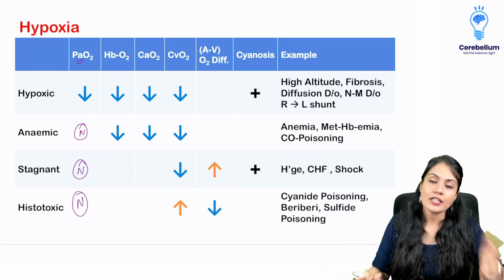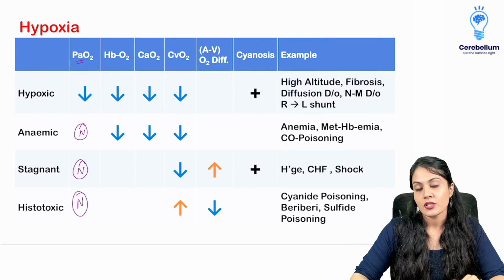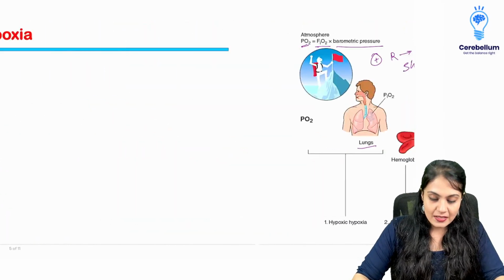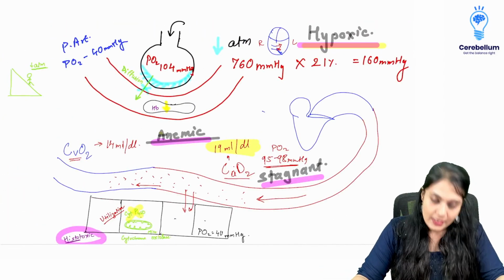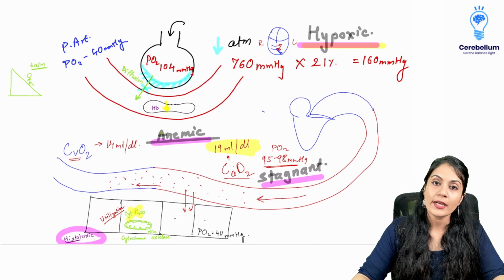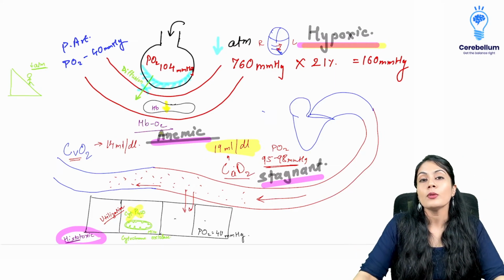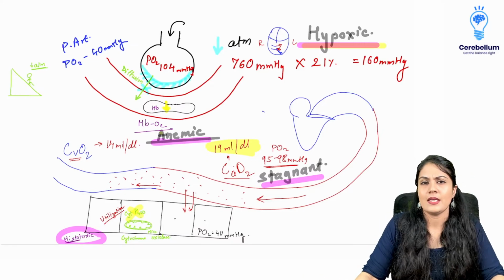All right. Let's move on to the hemoglobin bound oxygen. First thing first, if there is lesser oxygen available, of course, lesser oxygen will bind to the hemoglobin, and whatever oxygen binds to the hemoglobin, I'm going to call it oxygenated hemoglobin, right? Or hemoglobin bound oxygen. One and the same thing, right?